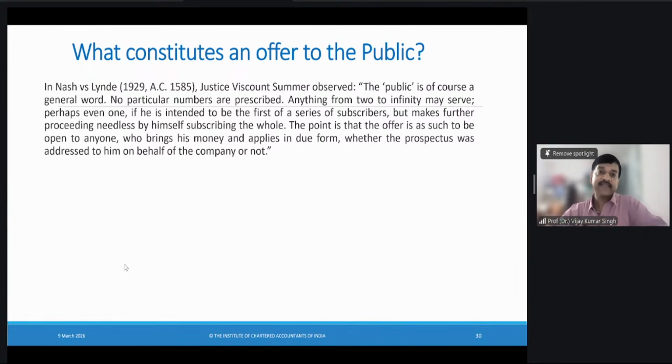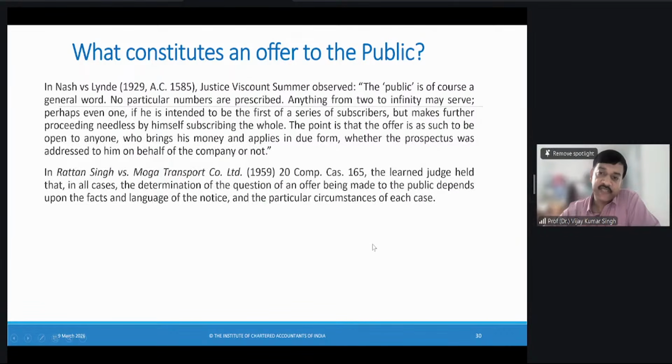Now, as one of the courts in India has said, it will depend on the facts and circumstances of the case. In Ratan Singh versus Moga Transport Company Limited, the court said that in all cases, the determination of the question of an offer being made to the public depends upon the facts and language of the notice and the particular circumstances of each case. So this is the law of the land, and this is the broad principle.